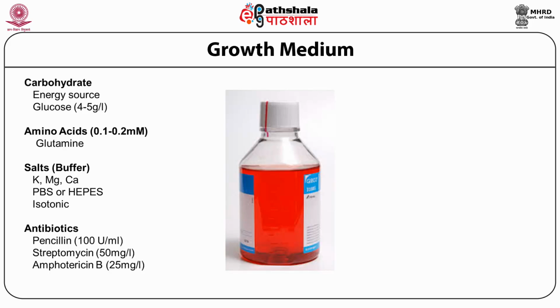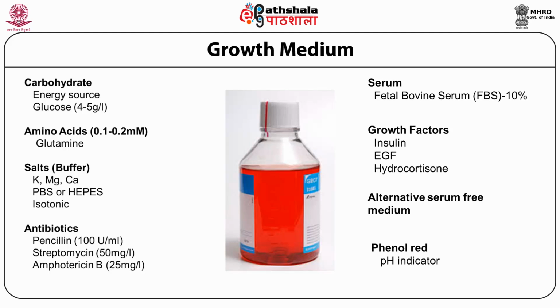Externally, this basic cell medium is supplemented with 10% serum of bovine origin, which provides the important growth factors. One can also individually add various growth factors to the basal cell culture medium in absence of serum, and these include insulin, epidermal growth factor, hydrocortisone, etc. Besides, these days, alternative serum-free media are also available, especially for growth of stem cells.